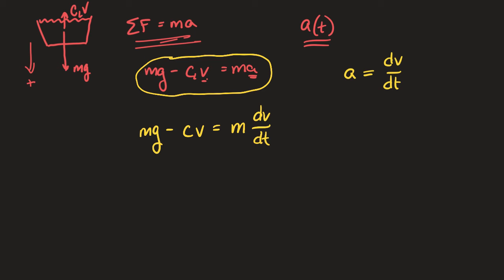A differential equation is just that. It is a function with a differential in it. This equation states that the rate of change of the velocity is related to the velocity.